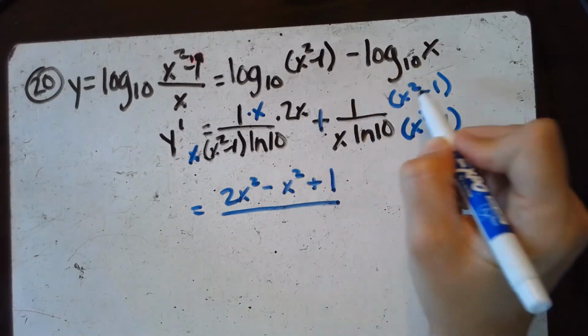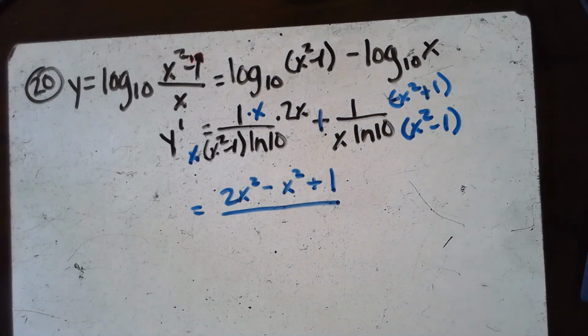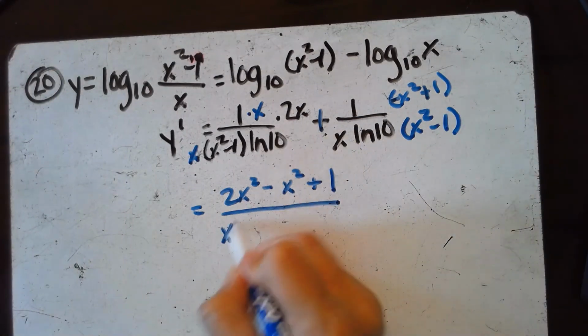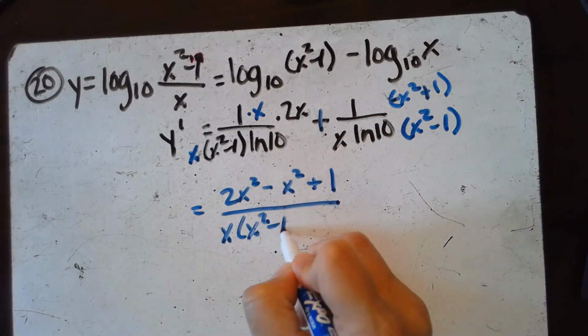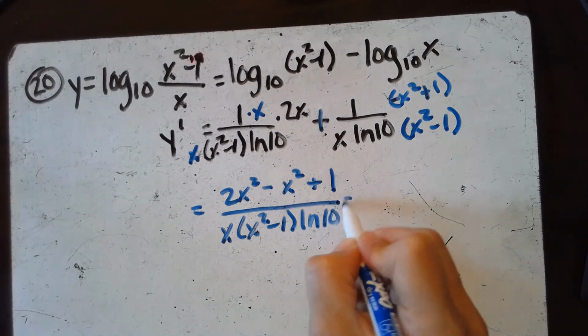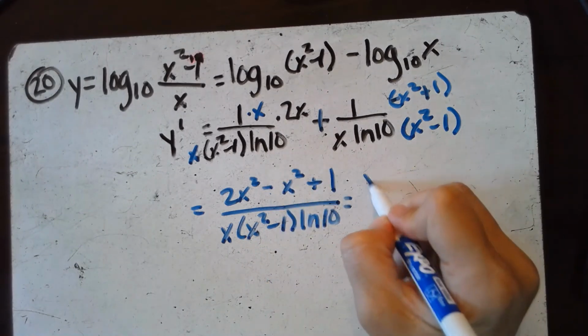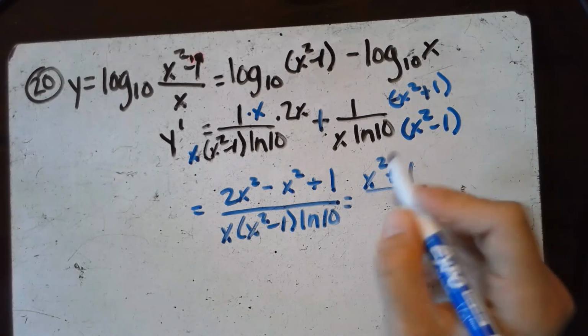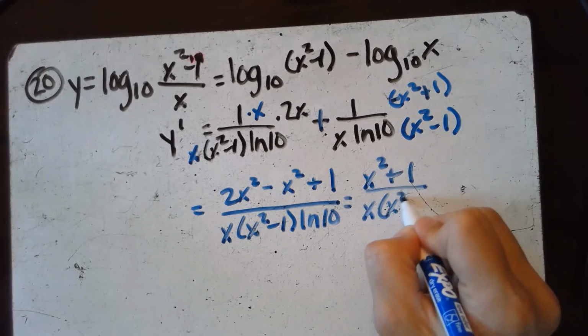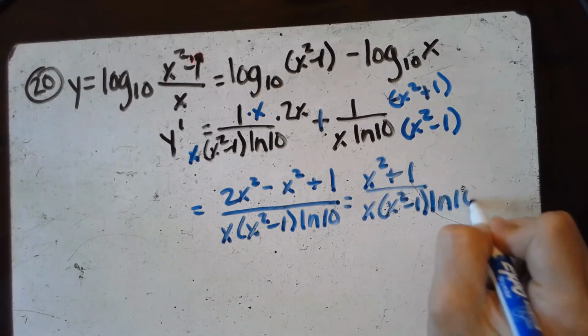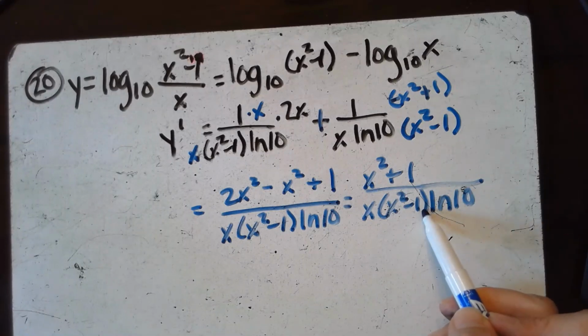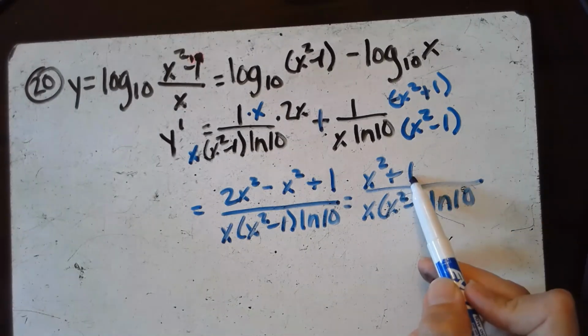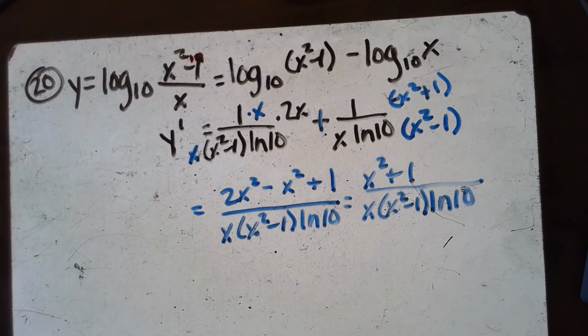Okay, the new denominators, this right here. And when I clean up, this is going to be x squared plus 1 over x squared minus 1, and ln of 10. And it can't do anything else because this is x plus 1, x minus 1. The top, the numerator, doesn't factor.